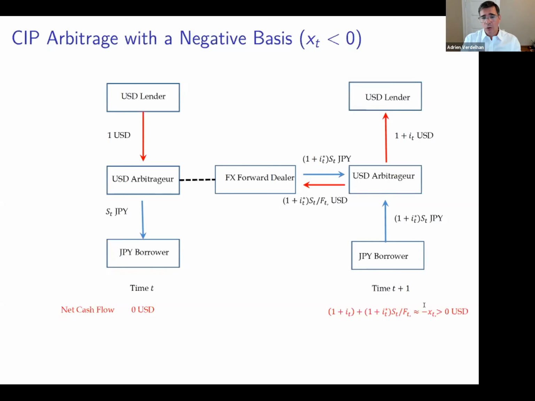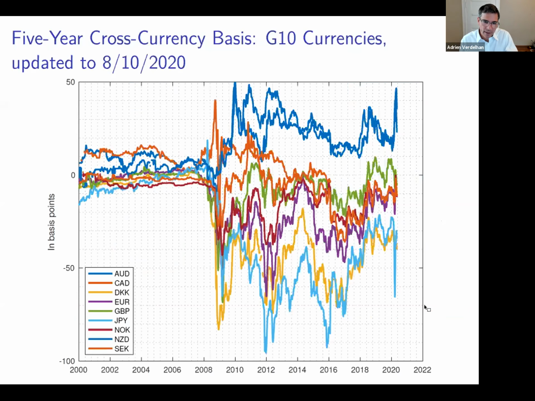Now, there are other things that can go wrong in this arbitrage. The problem is whether the risk is big enough to justify the very large arbitrage opportunity we saw. Just to show you the magnitude again, we are talking about 50 basis points, and they don't disappear.